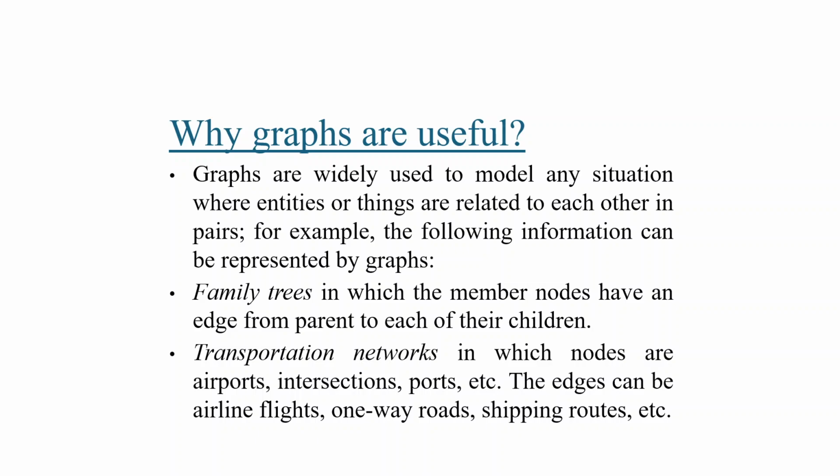Once you go inside the web pages, there will be hyperlinks. Once you click the hyperlink, it goes to some other page. Once again, two nodes and a connection have been created. The other example can be airline routes, where airports are the nodes and the flights are the edges.